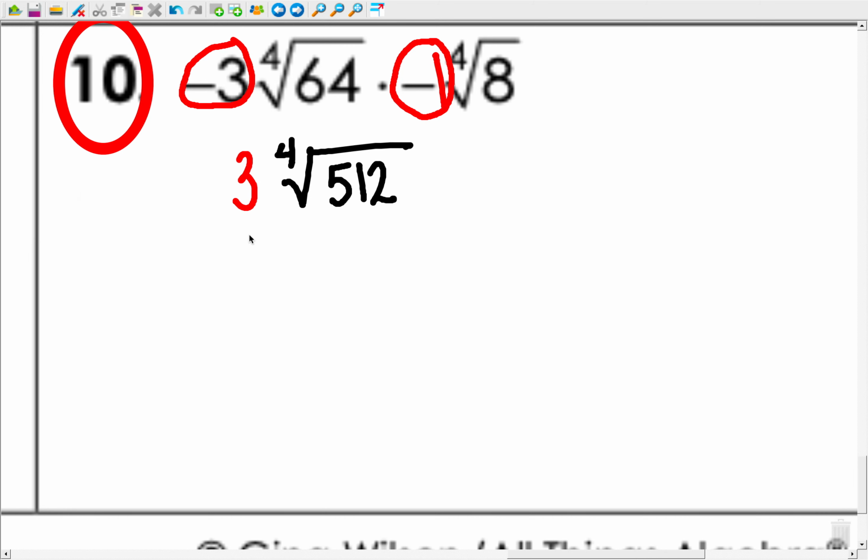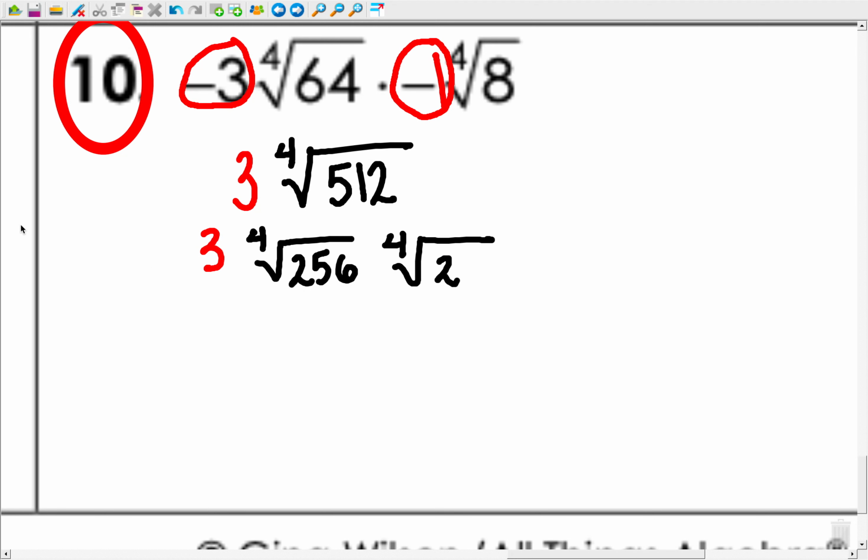Bring down your coefficient, which is this 3. And I want to split this and see what two values 512 will be divisible by. I did not mean to write the 512 in there. And I see it's 256 times 2.